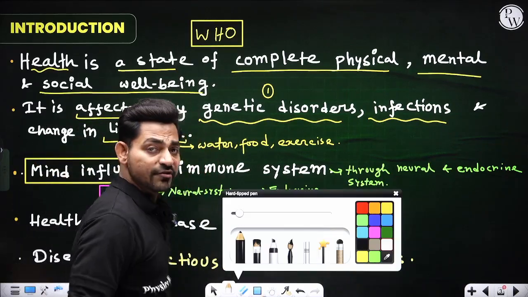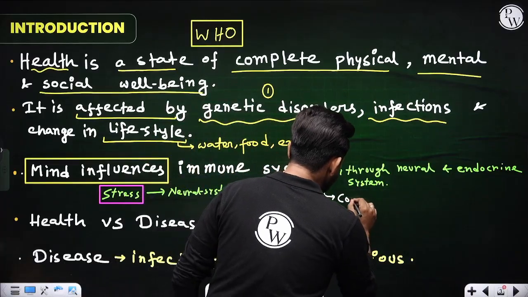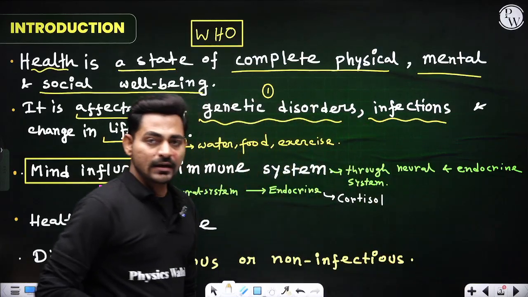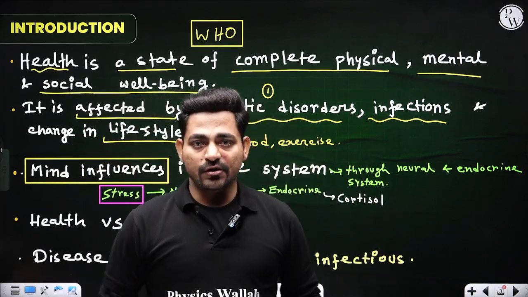The endocrine system will release a stress hormone like cortisol, and this cortisol will suppress your immunity.